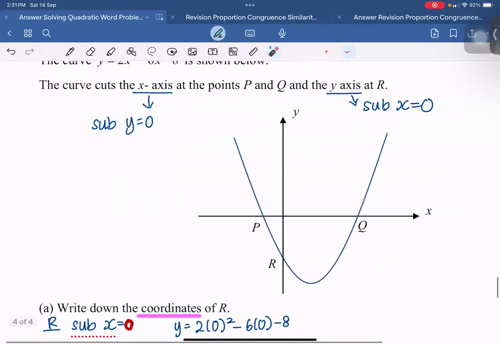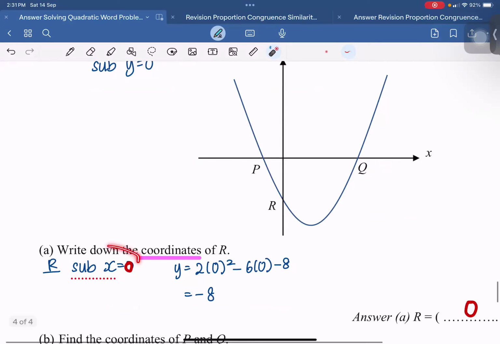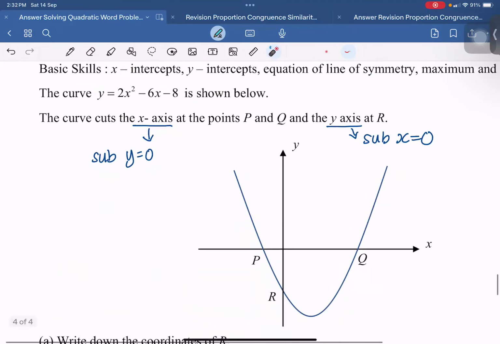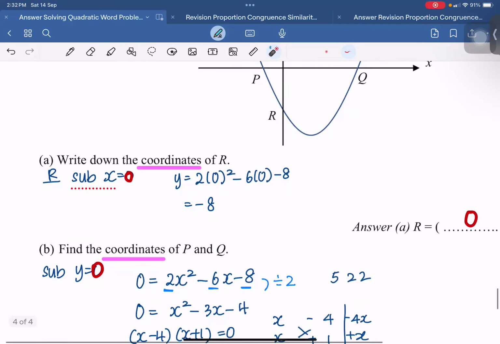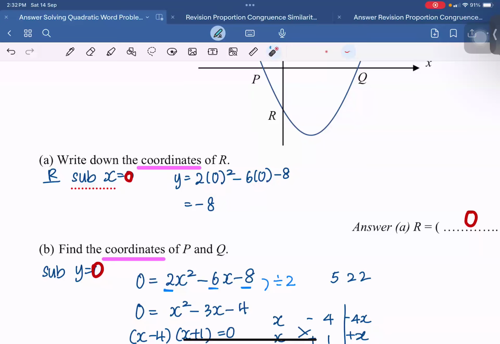So first part, write down the coordinates of R. R cuts the y-axis, so I substitute x equals 0 into my equation over here. 2x squared, so now this x becomes what number? The x becomes 0. Then we calculate y equals -8.